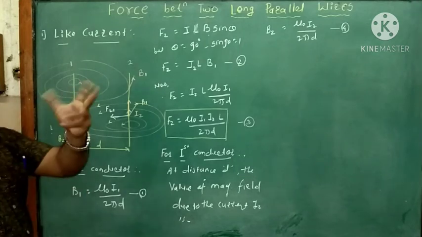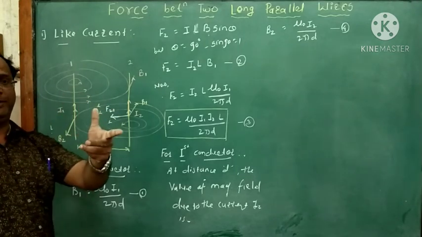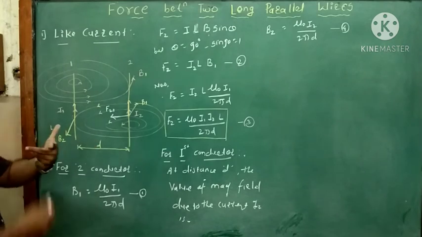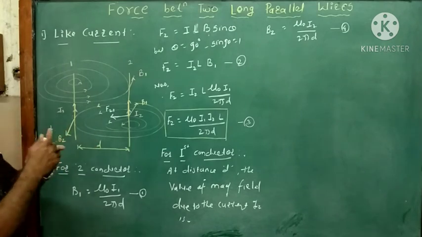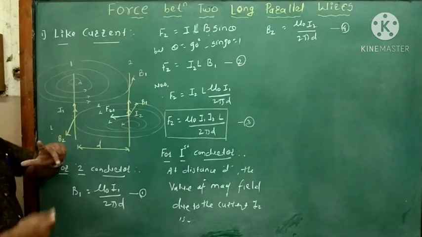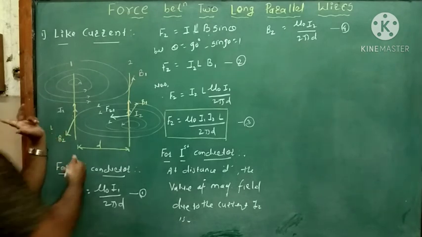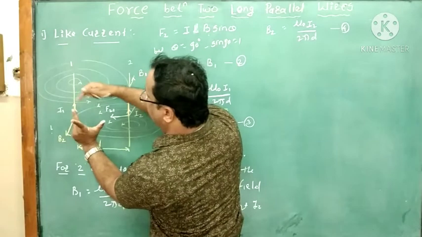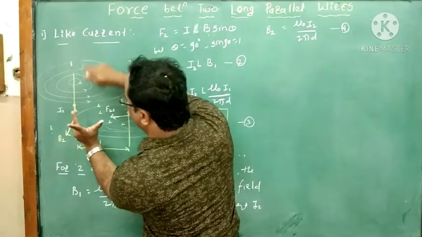Again here we want to use Fleming's left hand rule. First finger represents the direction of magnetic field, just like this one. Then middle finger represents the direction of flow of current.